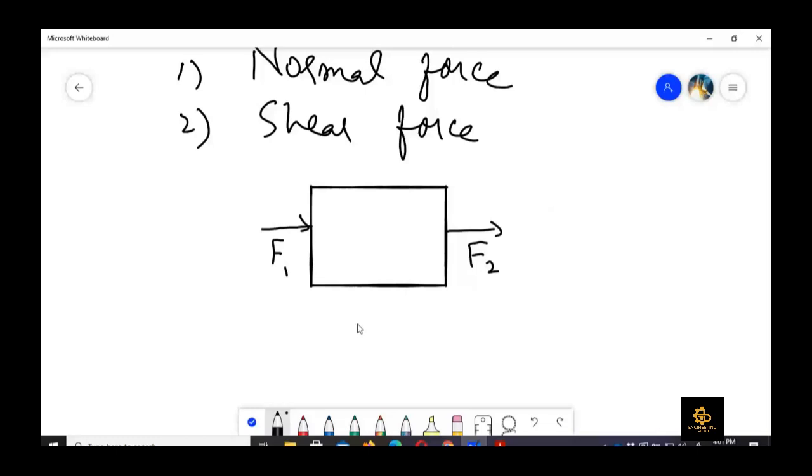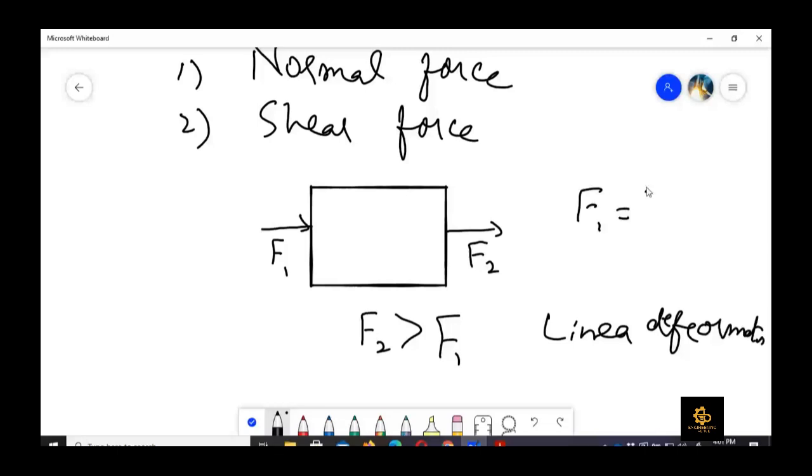But what happens if F2 is bigger than F1? Then it would be elongated. It means that now we would have linear deformation. If F1 is equal to F2, then we would have translation. Okay, so this is the difference. And what is the shear force?